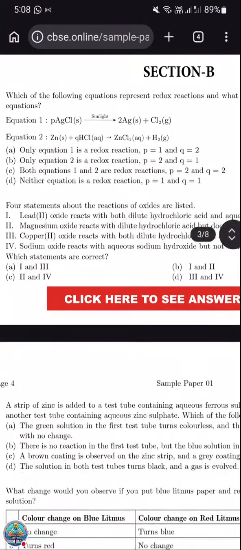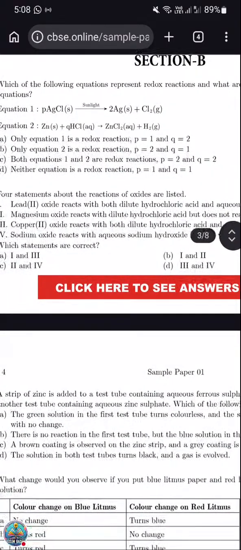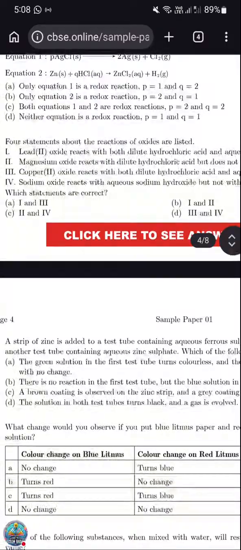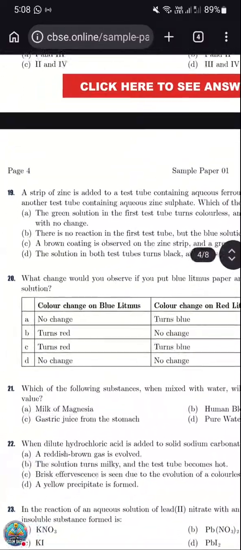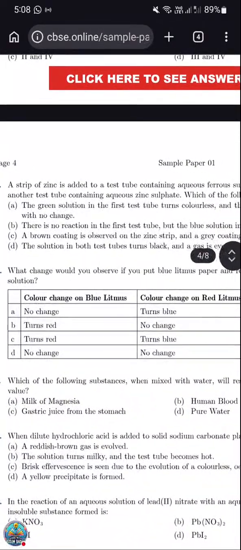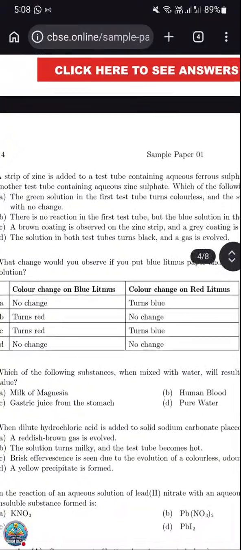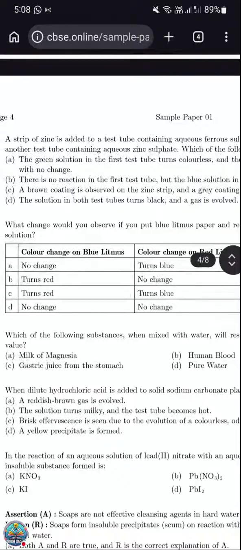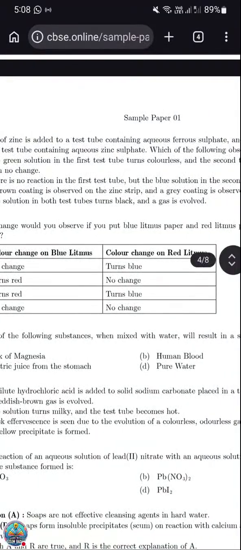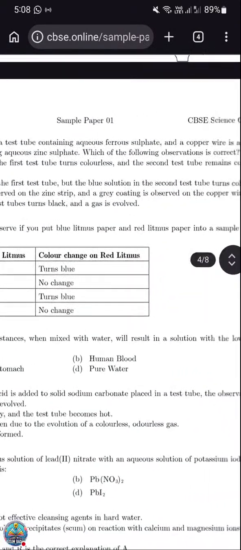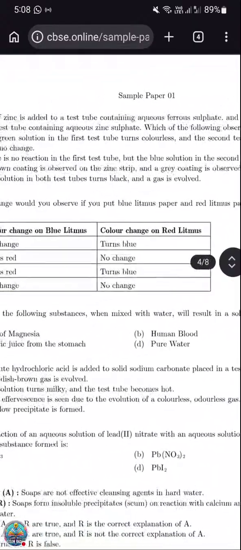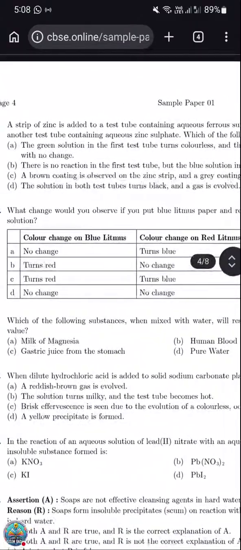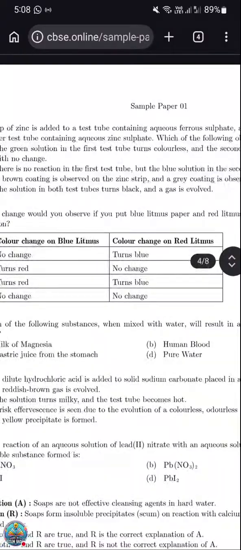And next one, 19th question: a strip of zinc is added to a test tube containing aqueous ferrous sulfate, and copper wire is added to another test tube containing aqueous solution of zinc sulfate.